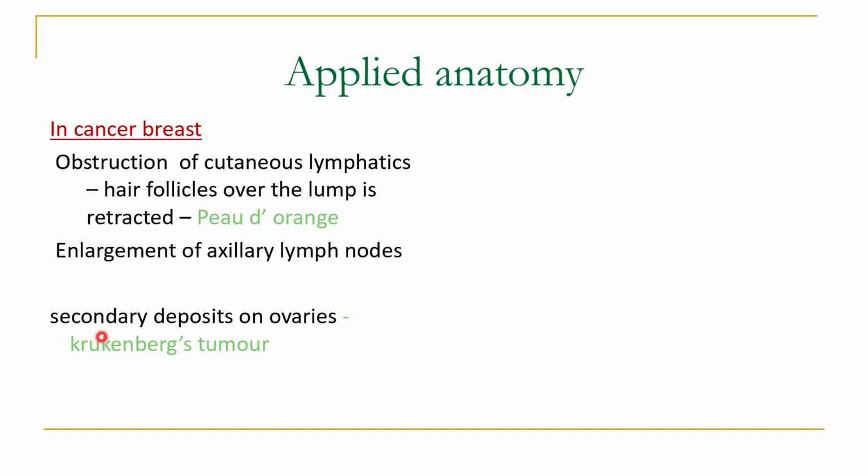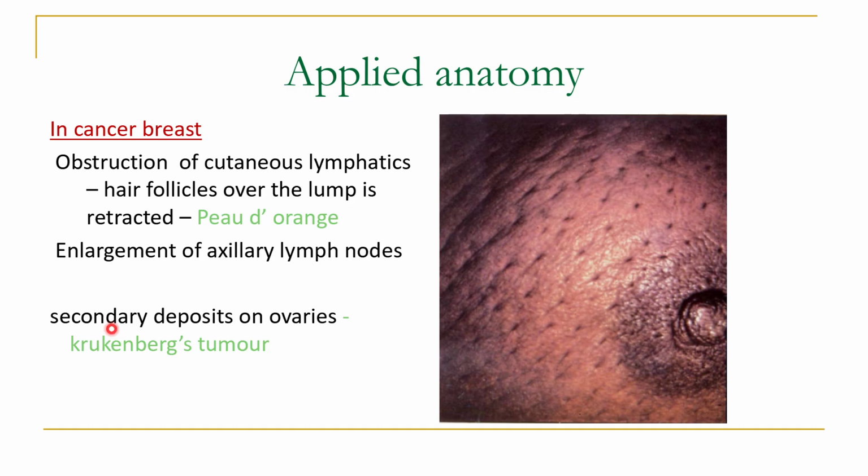Now, obstruction of the cutaneous lymphatics results in the hair follicles over the lump being retracted, resulting in the peau d'orange. So peau d'orange is mainly because of the obstruction of the cutaneous lymphatics, and because of this the hair follicles over the lump get retracted.